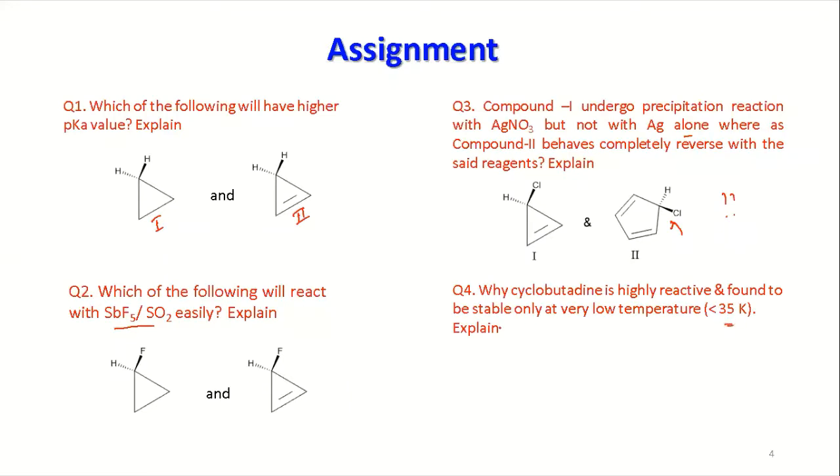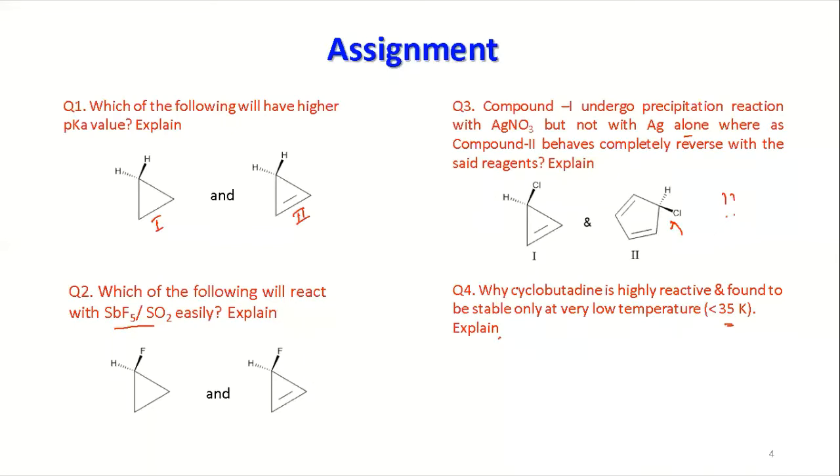At very low temperature it is found to be quite stable, but otherwise it is very, very unstable. So these are the types of questions whose answers are based on what I just discussed in the previous slides. I'll try to explain these things so that you will be familiar with the type of answer we are expecting.